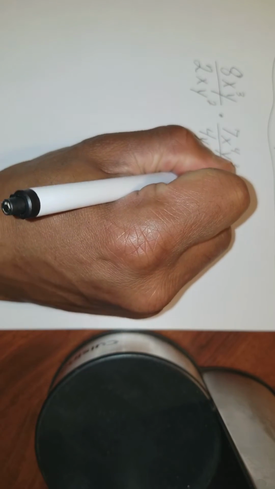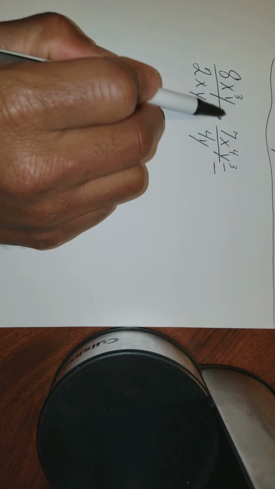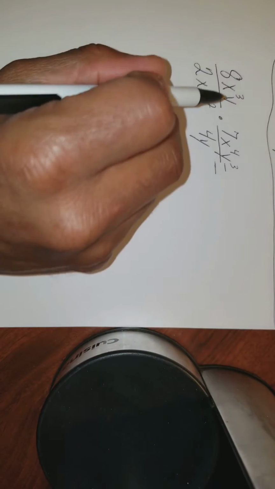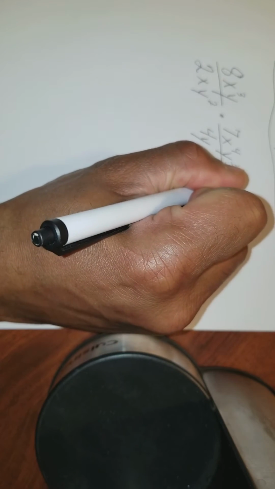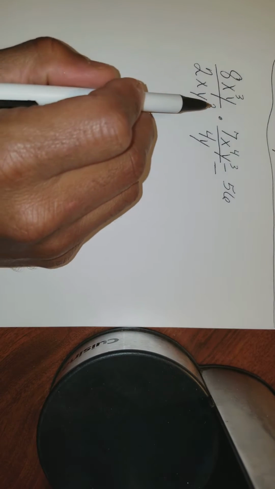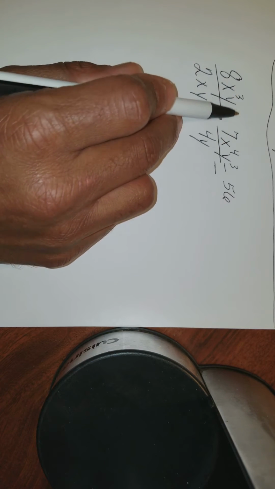We're going to multiply these rational expressions, again numerator times numerator, denominator times denominator. So we multiply 8 times 7. This is how I get my 56. Keep in mind when you multiply variables that are the same, you should add the exponents.